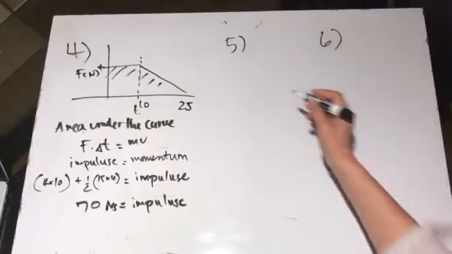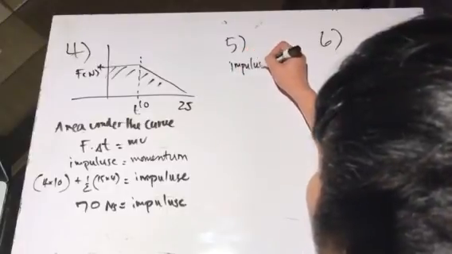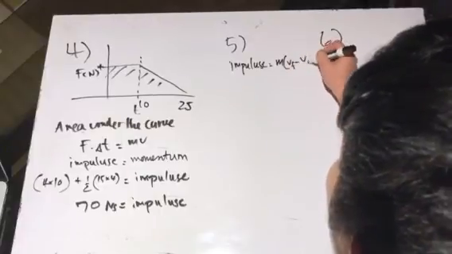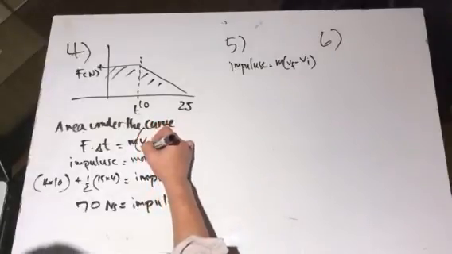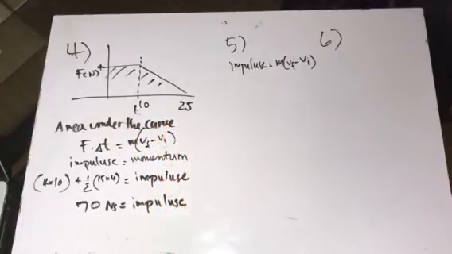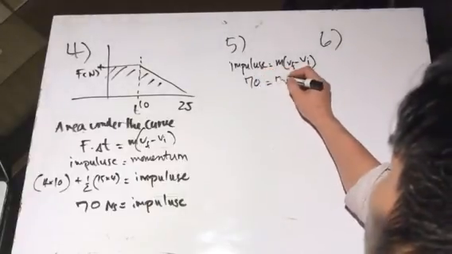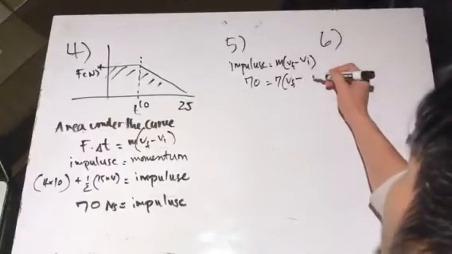However, when you're looking for question number 5, it's the same thing. Impulse is equal to mass times change in velocity, because it's a change of momentum. So our impulse, 70, is equal to mass, which is 7, times Vf, that's what we're looking for, minus Vi.